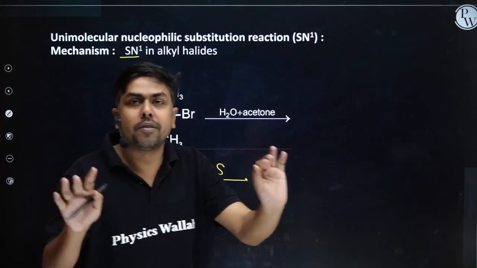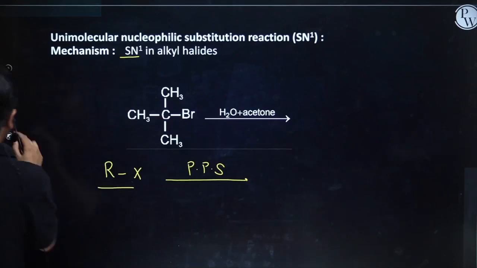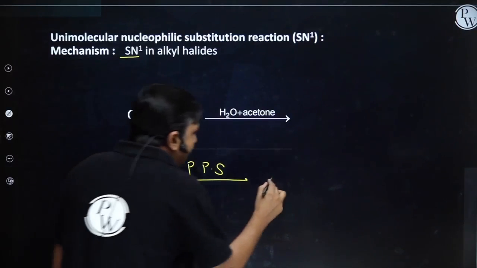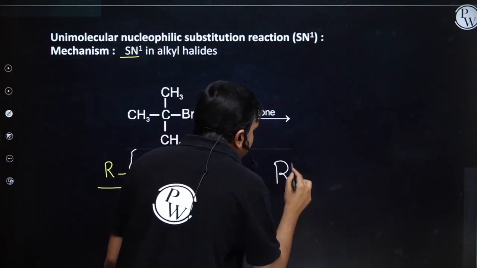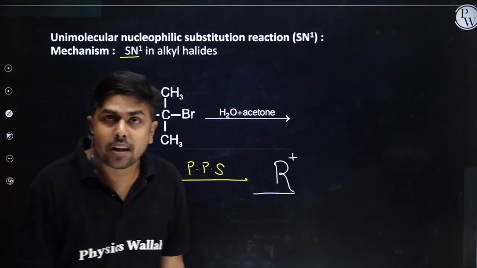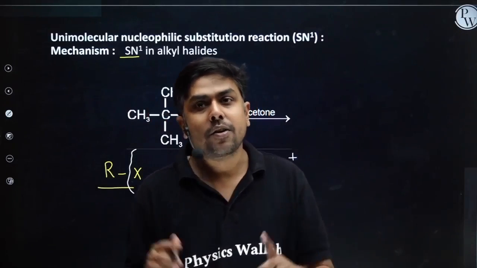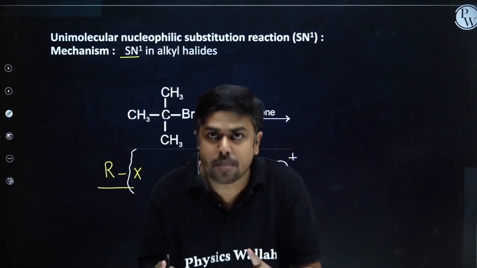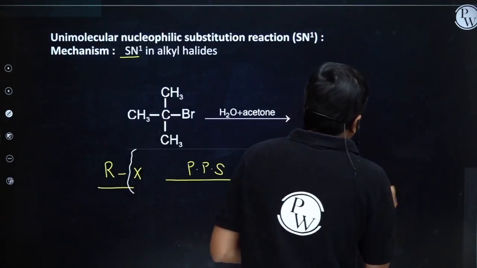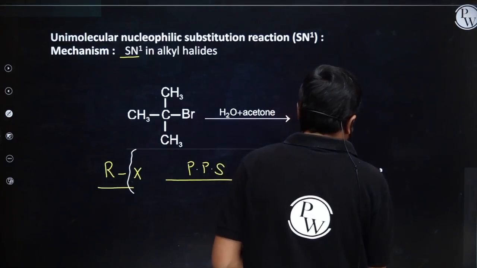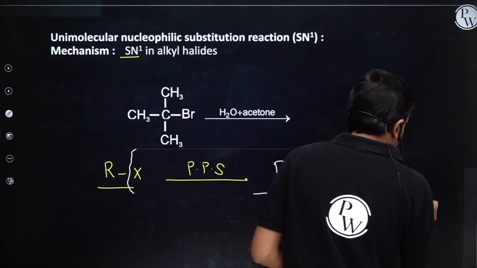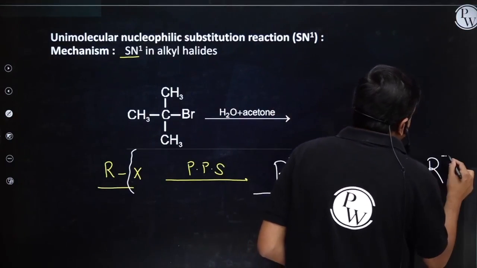Ionization of substrate will occur, and can I say here with the ionization this halogen will depart and I will have the formation of carbocation. Student, whenever a carbocation is formed, it readily undergoes rearrangement if there is a possibility of rearrangement. So this carbocation will undergo rearrangement to form the most stable carbocation.